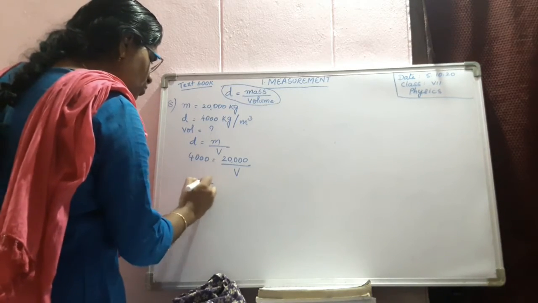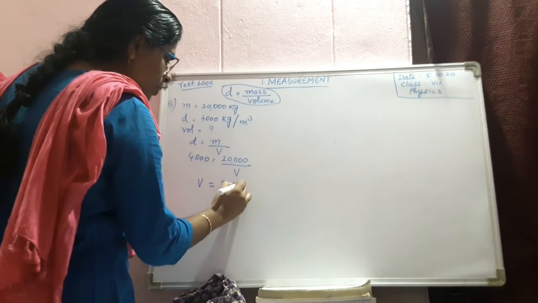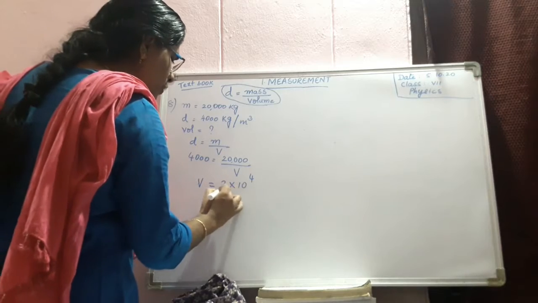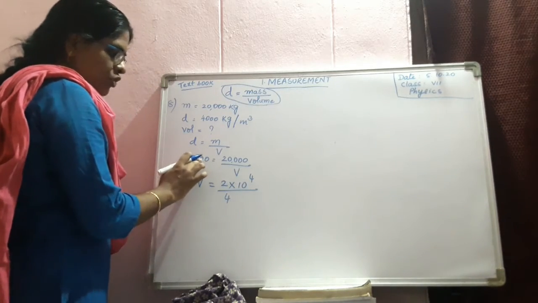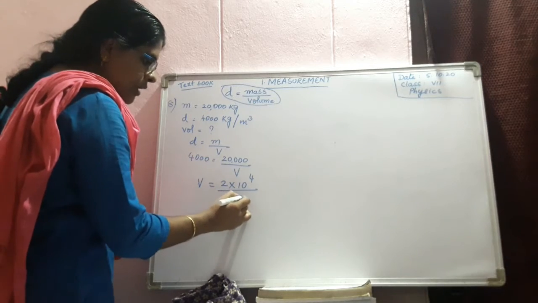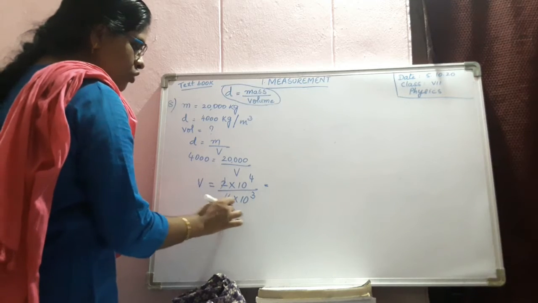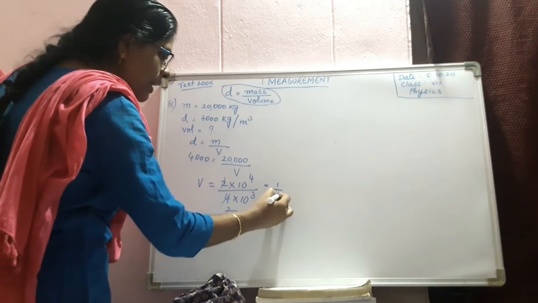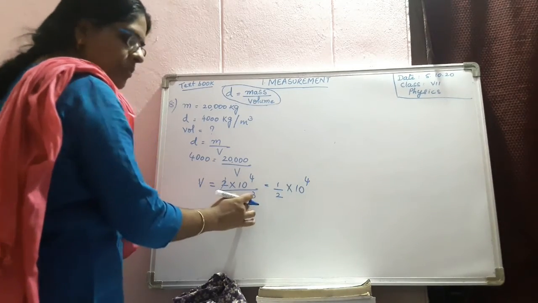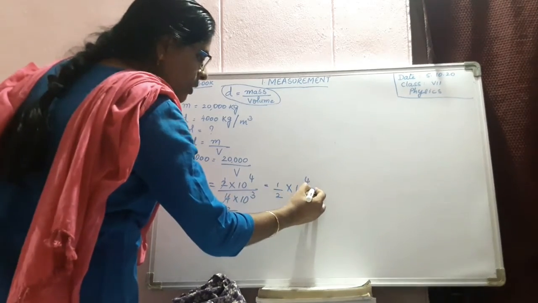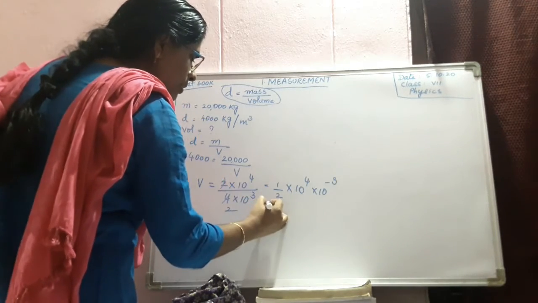V equals 2 into 10 power 4 by 4 into 10 power 3. Two ones are 2, two twos are 4. That means 1 by 2 into 10 power 4. When this 10 power 3 comes to the upper side, it becomes 10 power minus 3.